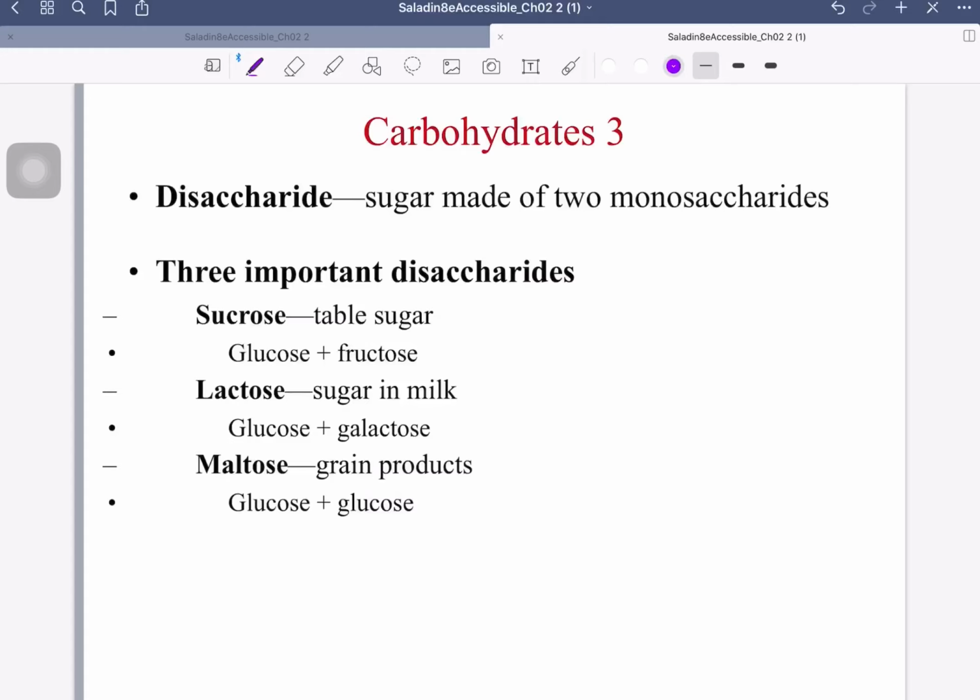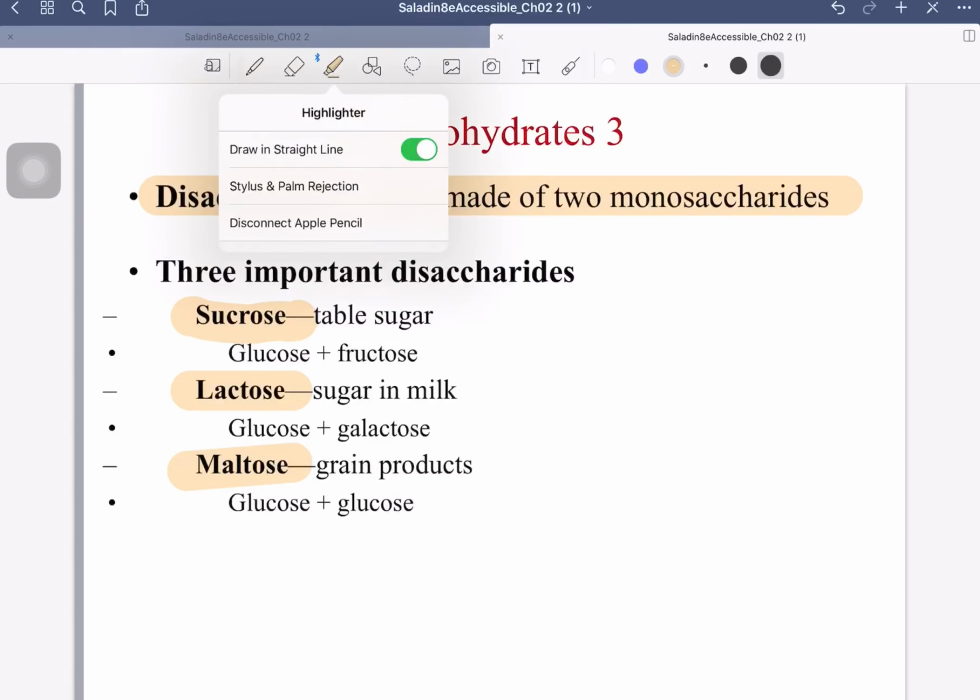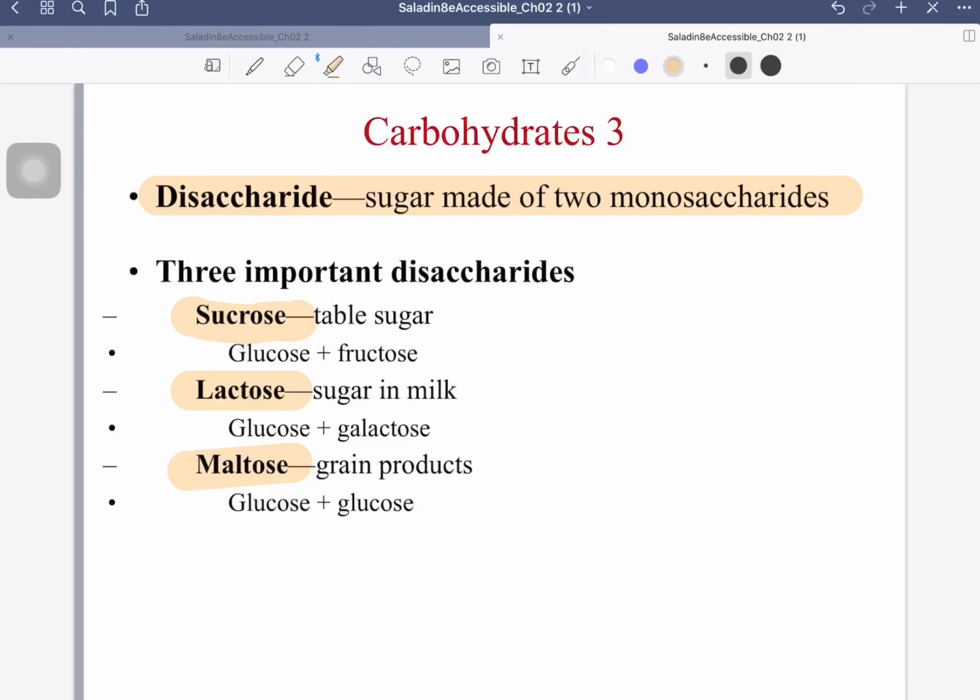Now, a disaccharide, di means two. Disaccharides are a sugar made of two monosaccharides, and some examples would be things like sucrose, lactose, and maltose. Now, what are they made of? Once again, I'm not going to hold you responsible for the components, but let's quickly introduce them.